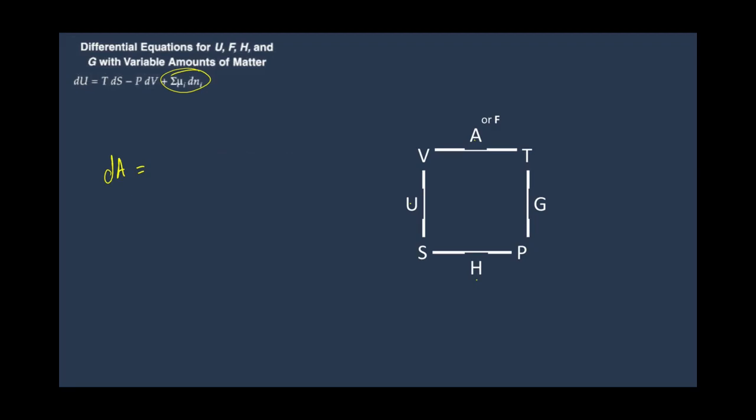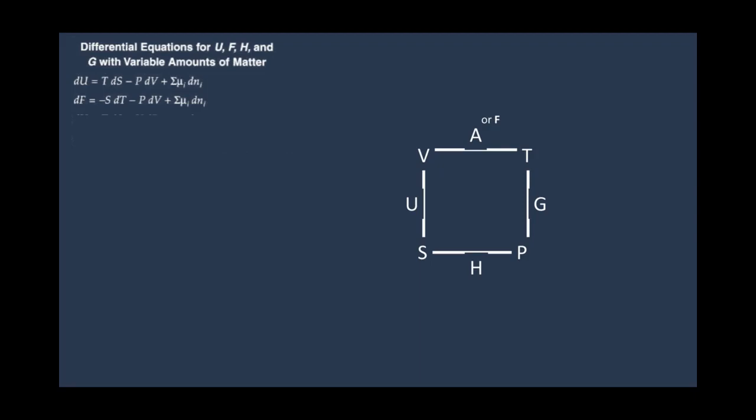For dA, like I said, we have to start from the opposite side and go like this and like this. dA is equal to, since on both sides we are going upside, minus, we can start from here, S dT, and again here also minus, since we are going up, P dV. So we get the second derivative, this one.